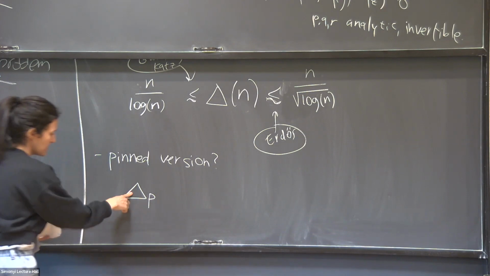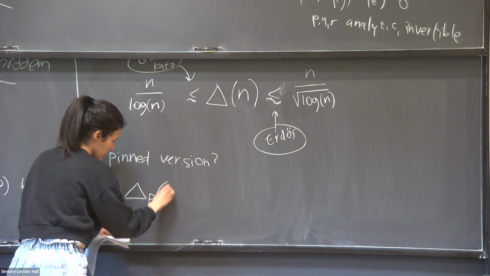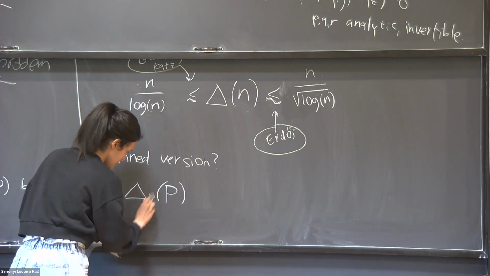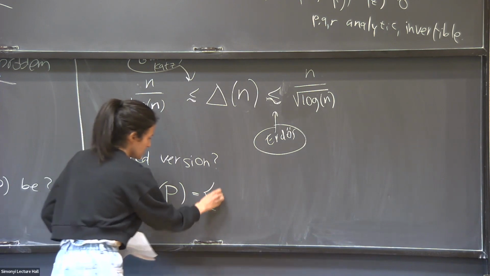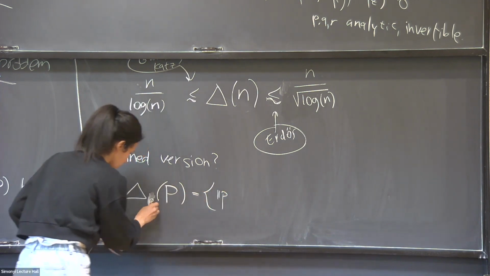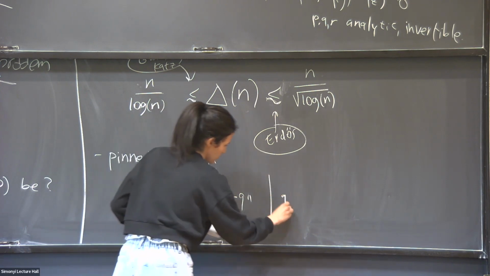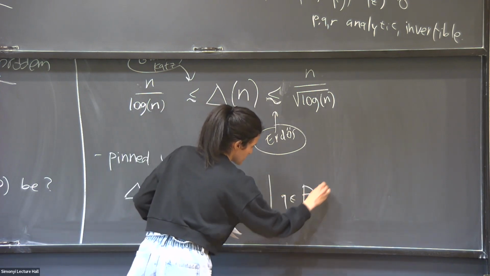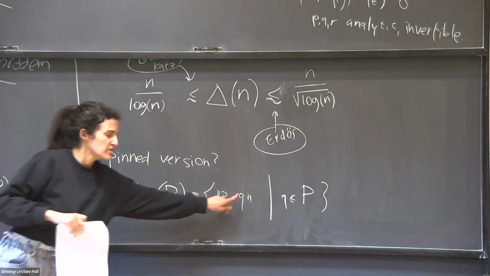When I write delta P of a certain set, I'll call it capital P. This is small p. What I mean is all the distances between P naught and Q. So we fix one point and we look at all the distances.